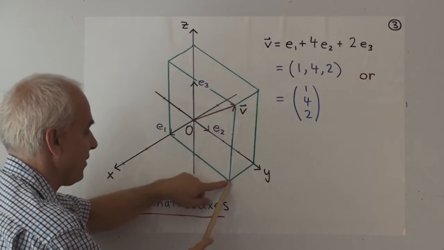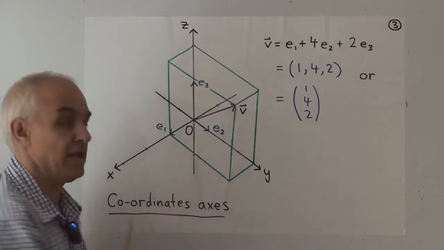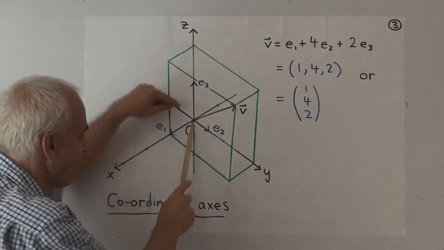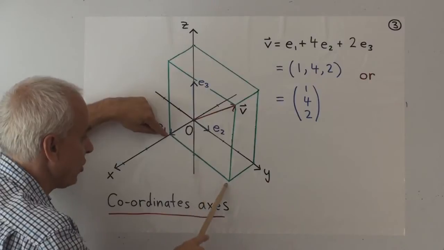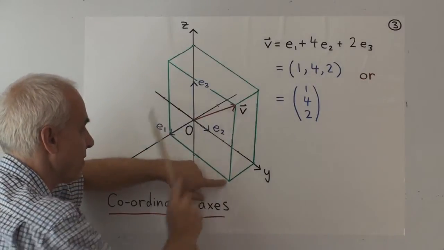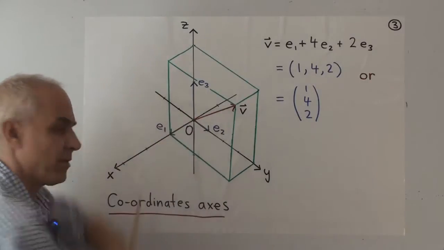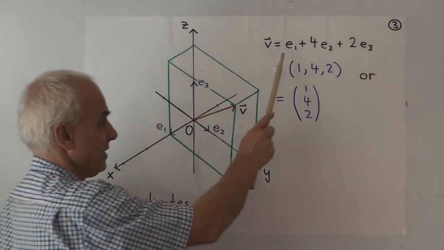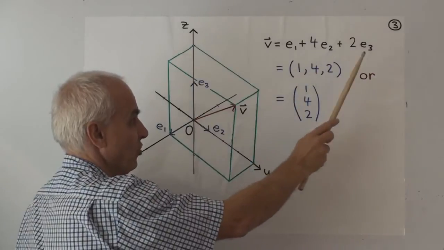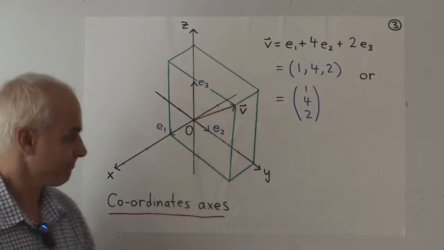So if we add it to this vector 2 times E3, we end up here. So the cumulative effect of going E1 and then 4 times E2 and then 2 times E3 is to go from here to here. So this red vector, call it V, is E1 plus 4E2 plus 2E3.